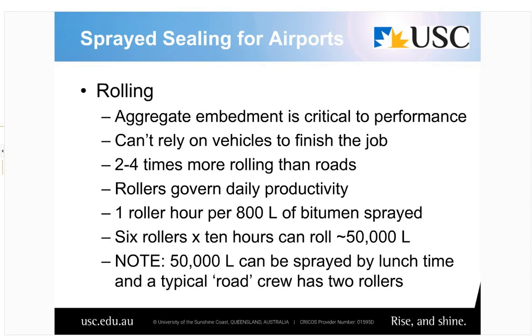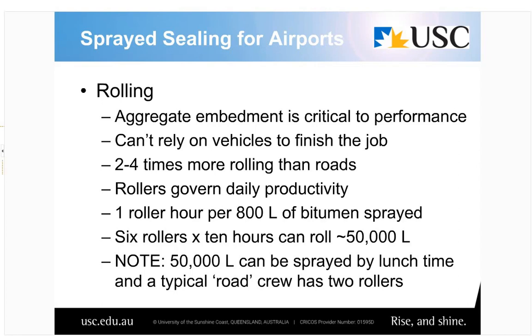In fact, the rollers, because they're the slowest part of the operation, almost always will govern the productivity of the sealing. So how much sealing can be done in a day? The answer to that on a runway is it depends on how many rollers you've got to roll it when you're finished. I found a document with guidance to regional airports from a long time ago, I can't remember the year, provided by our friend Tom.